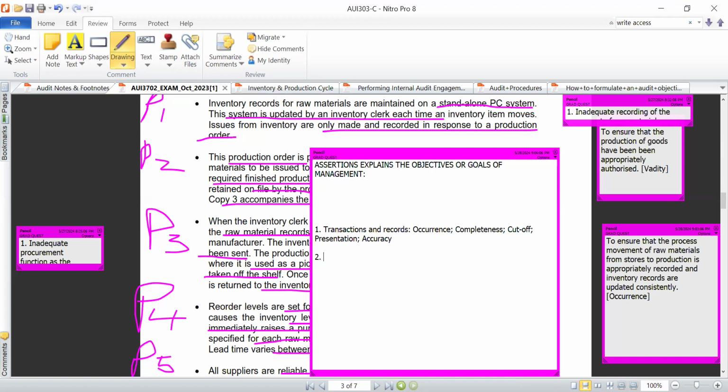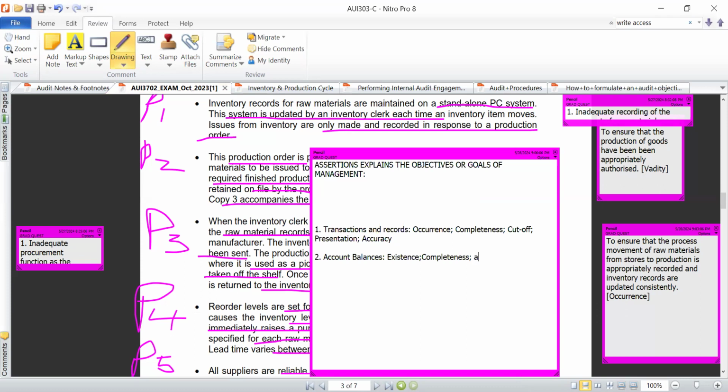Then there are other goals that have to do with account balances. Account balances, notice, are different from transactions. With account balances, instead of occurrence, they want to ensure that the balances relate to something that is in existence. They also want to ascertain that the account balance incorporates everything that transpired during the financial year.